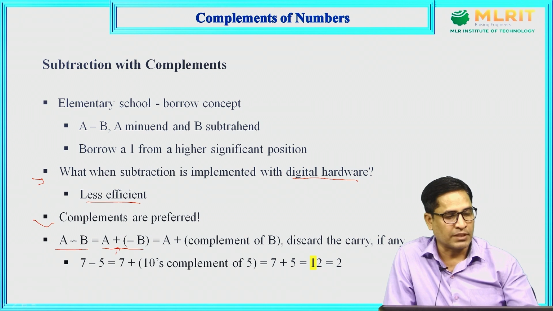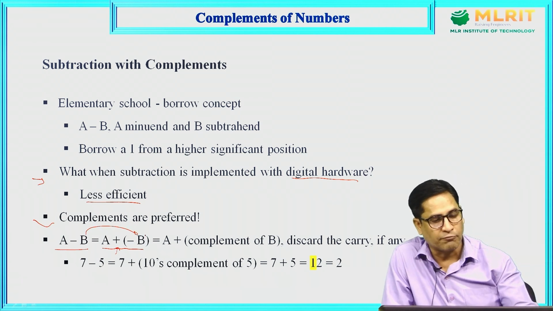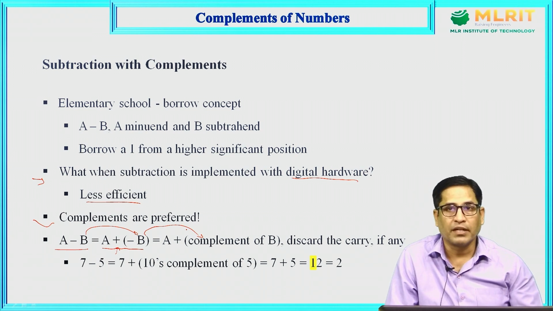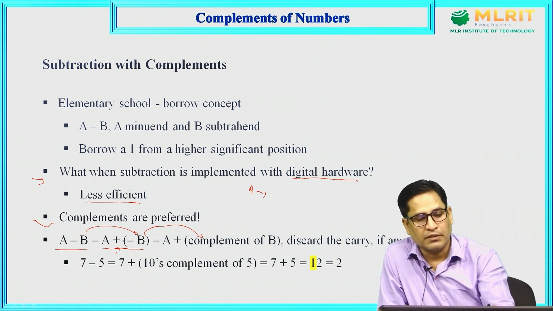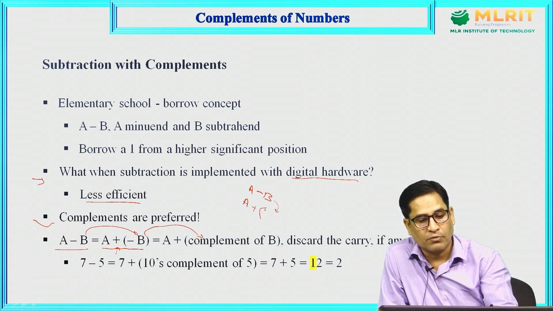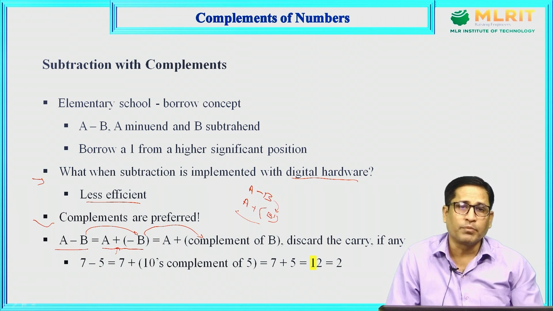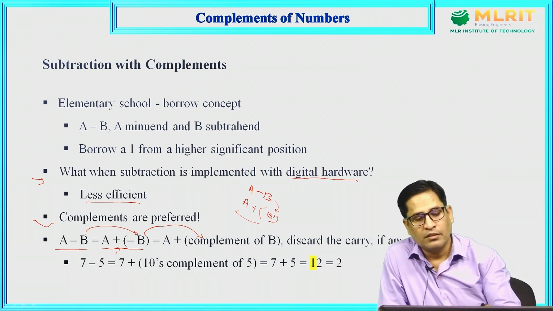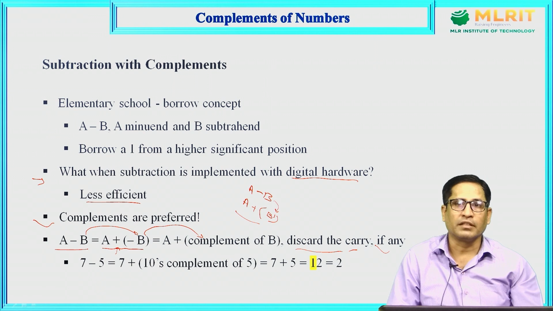So we convert this subtraction process into addition. The given number B is converted into minus B, that means the complement of B. If we take the complement of B, the subtrahend, the number which is going to be subtracted, and then simply add it to A, we will get A minus B. So we convert this process into addition by taking the complement, either R's complement or R minus 1's complement, of the number B, say B dash, and then we add it, provided some post-operation adjustments are needed, like discarding the carry if it is generated in the end result, or some other adjustments, which we will discuss in subsequent slides.